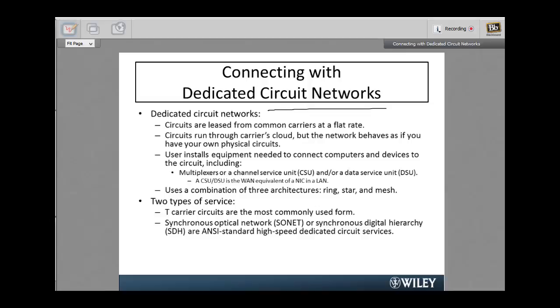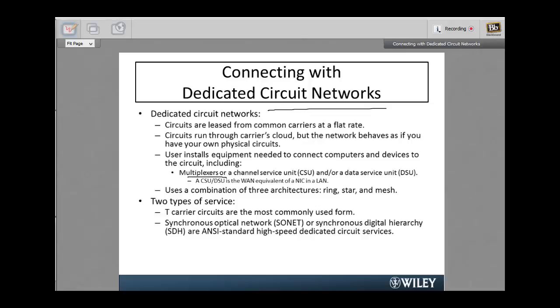So you would rent the circuit, all of it. It becomes as if it was yours. The user then installs equipment needed to connect computers and devices to the circuit, including multiplexers and/or channel service units.